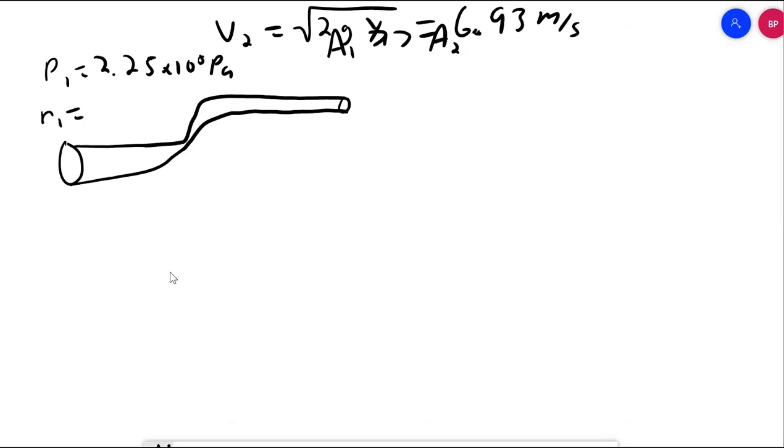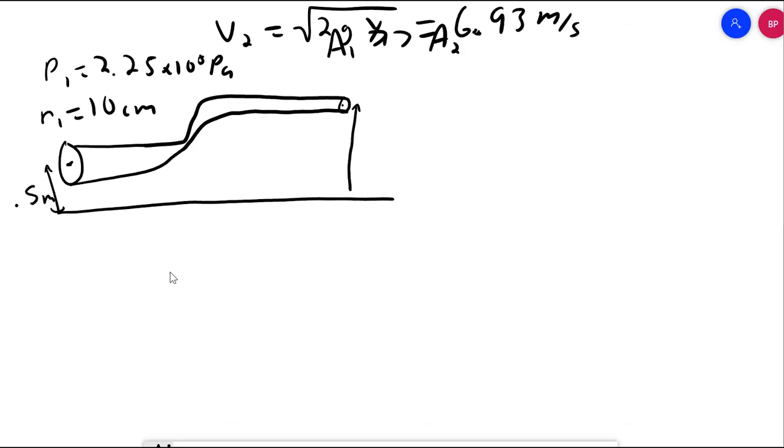Our radius here is 10 centimeters. And the ground is somewhere. So the distance from the center of the pipe to the ground is 0.5 meters. And this distance to the center of the pipe is 7.4 meters.